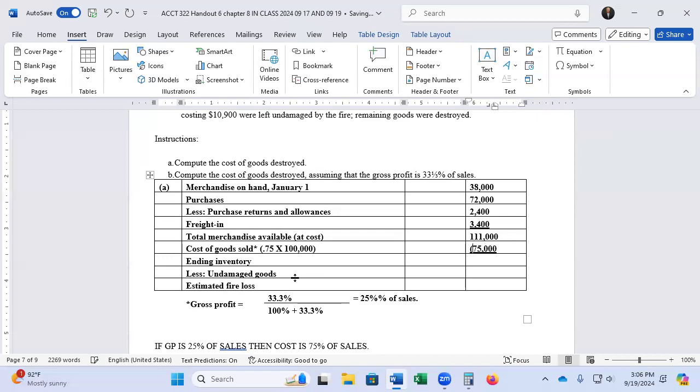See this, I would put in, because I don't have the less mark there, and that's 36,000. Less the undamaged goods that they noted that they have left available, 10,900. And so their fire loss is, I think, 25,100.